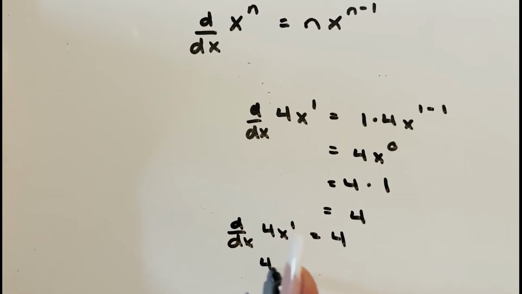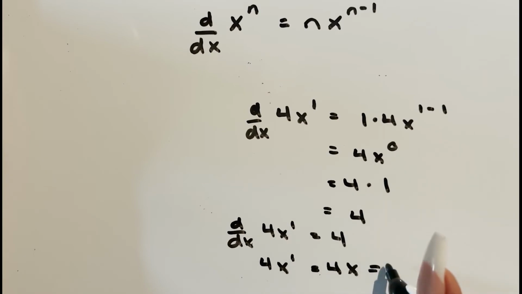Also note that 4x raised to 1 equals 4x. So we can also see that the derivative of 4x equals 4. So we see that the derivative of a constant being multiplied by a variable simply equals the constant itself. As the power rule has proven in this example, we saw that the derivative of 4x equaled 4.